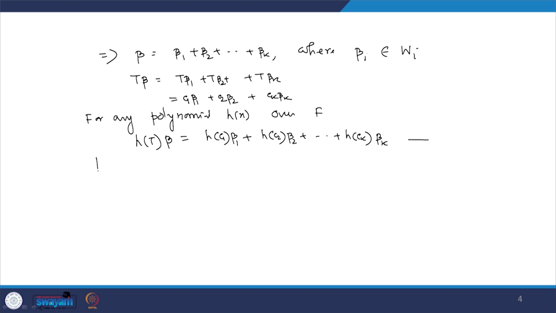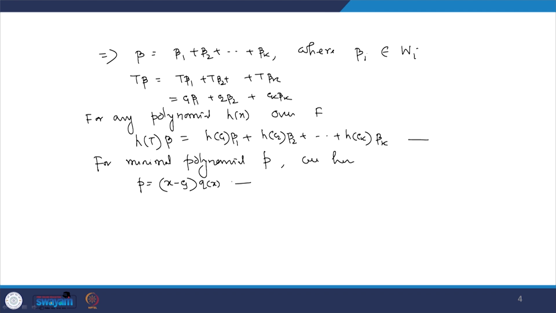For the minimal polynomial P, we have P equal to x minus Cj into some function, say Q of x. So, the minimal polynomial P can be written as x minus Cj into Q of x.